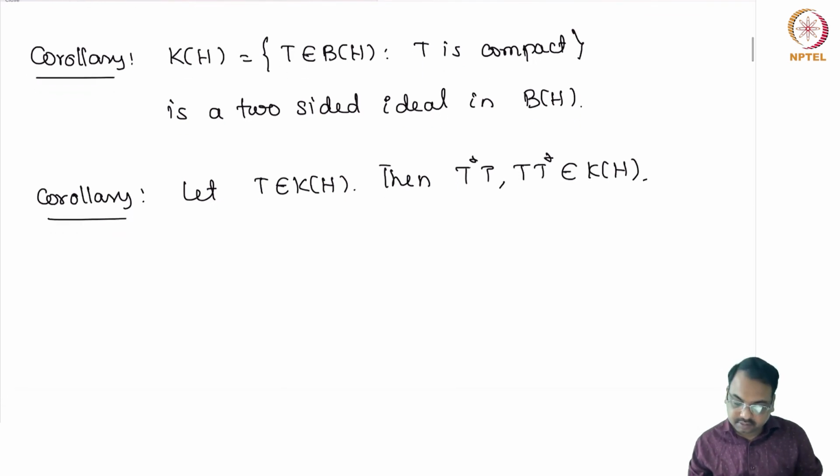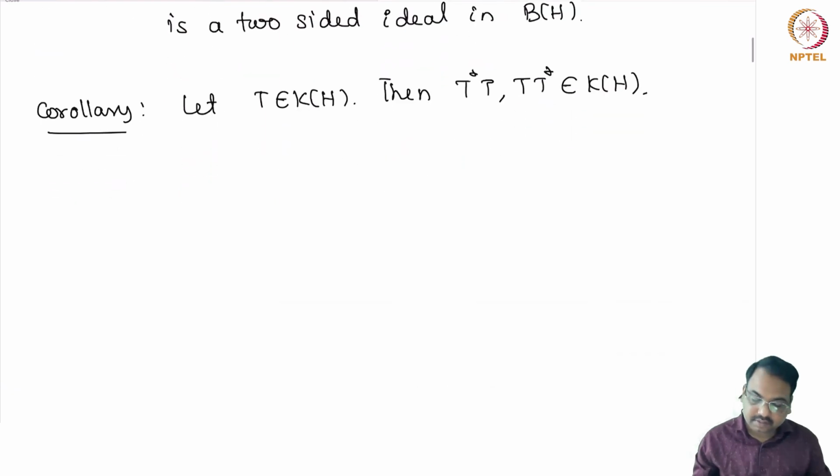Okay. Now we can ask the question, what will happen to the converse? If T star T or T T star is compact, can we say that T is compact?